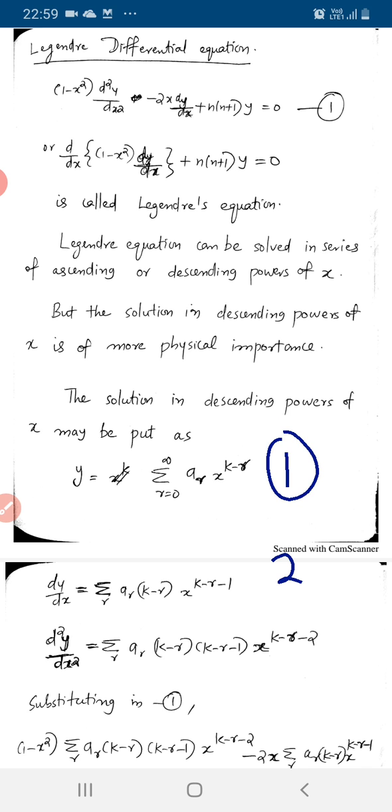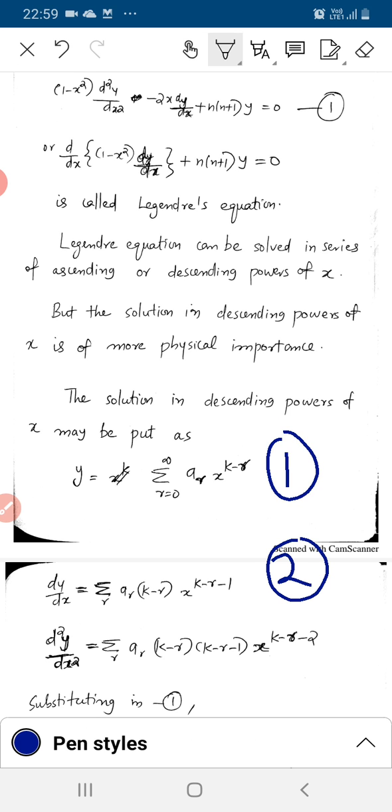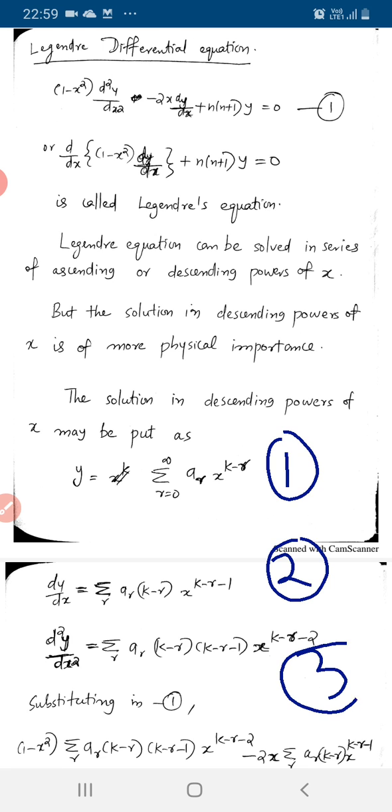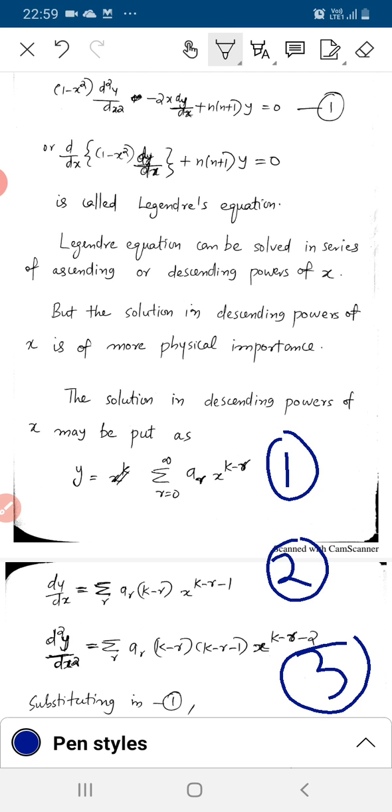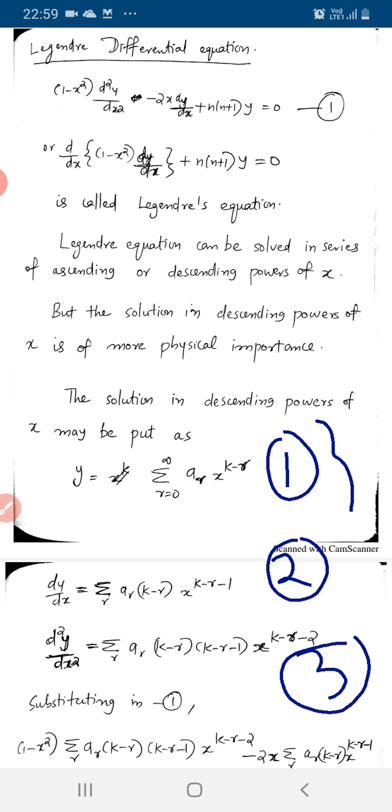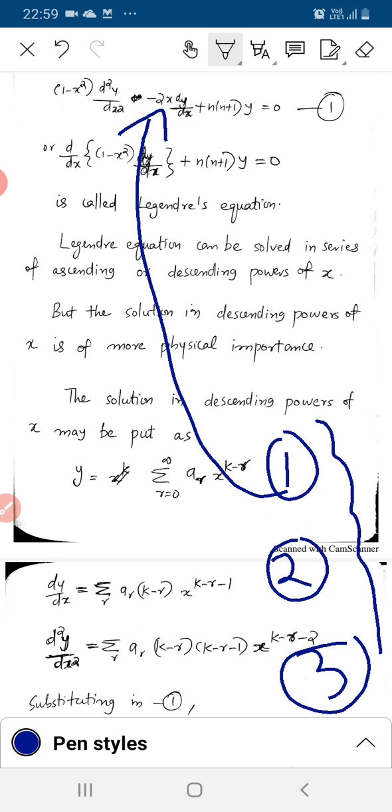Then here we find dy by dx, and then we find d square y by dx square. We substitute all these things in this equation.